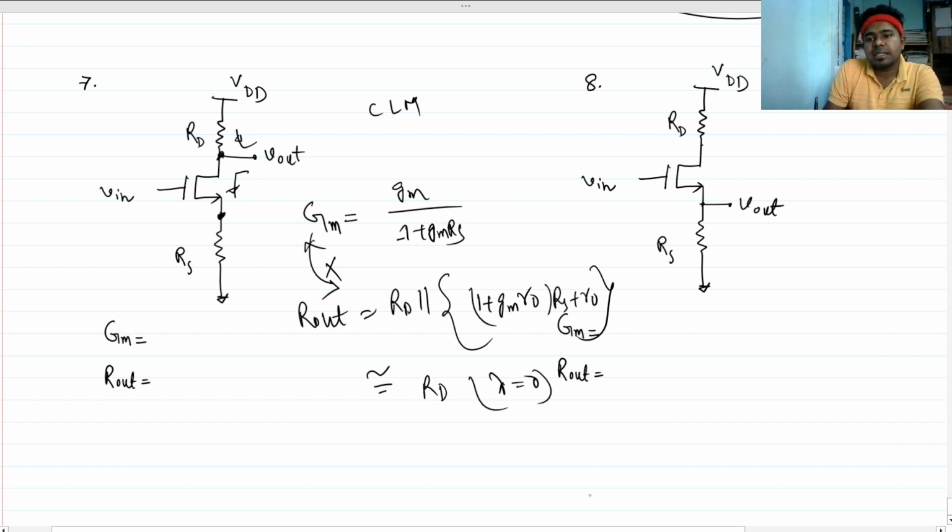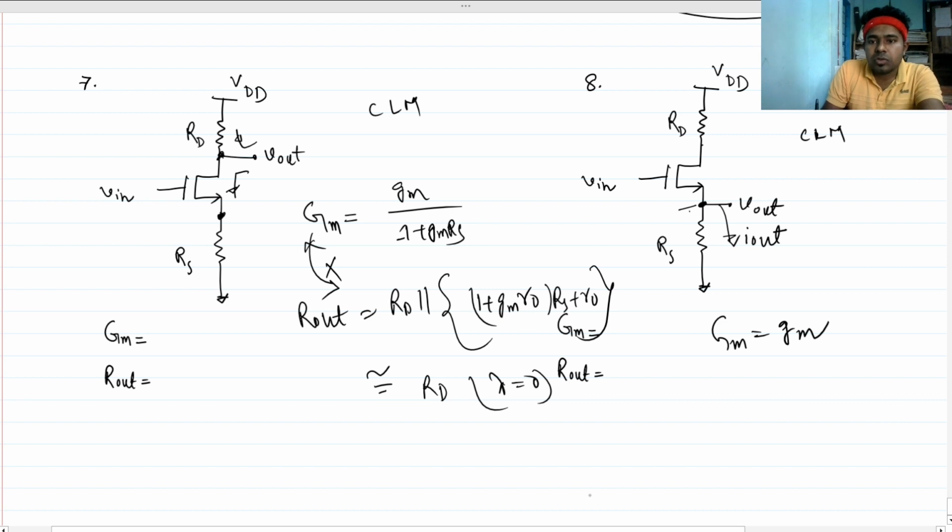Now in this case the output is taken from here. If we neglect channel length modulation, and this is short circuited to find the overall GM, there is only one branch for the current I out to flow. So the overall GM is nothing but GM. But what will be the R out from here?